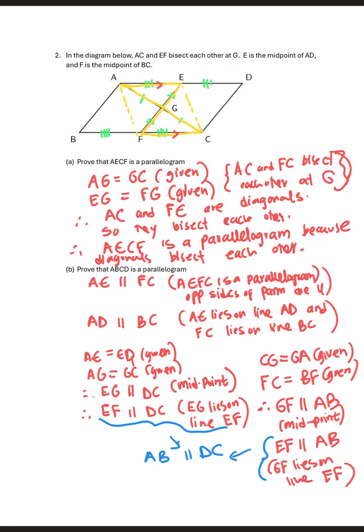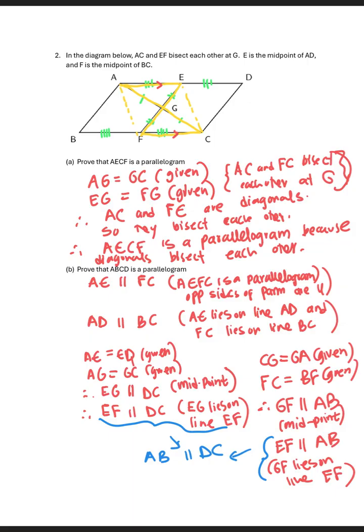This is beautiful. So AB is parallel to DC, right? So now we see that the pairs of opposite sides are parallel. That is very interesting.